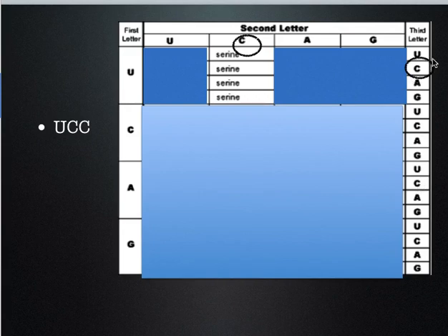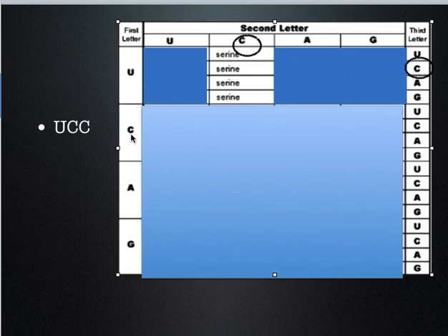Well, the reason is this C, the third letter, is a C when the first letter is a U. So this C corresponds to this letter U. So for UCC, I must use this first C and not any of these others, because this C right here, if I follow the chart over, works if that first letter is a C also.